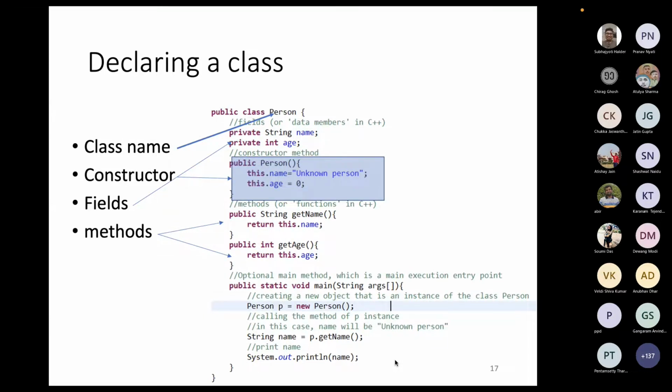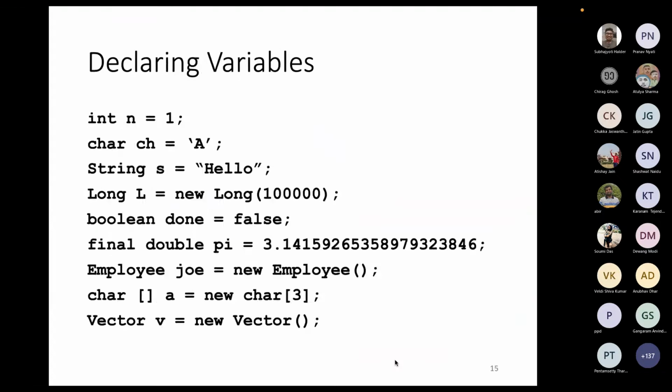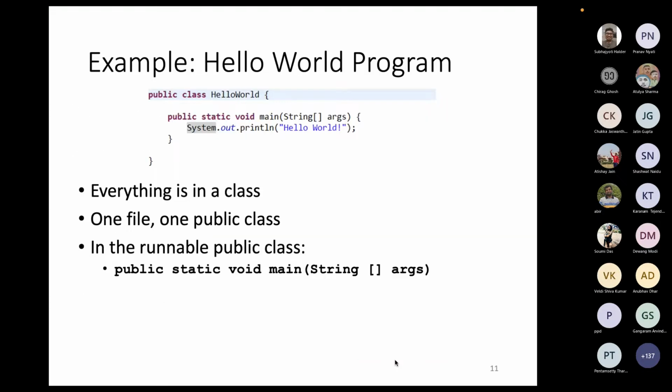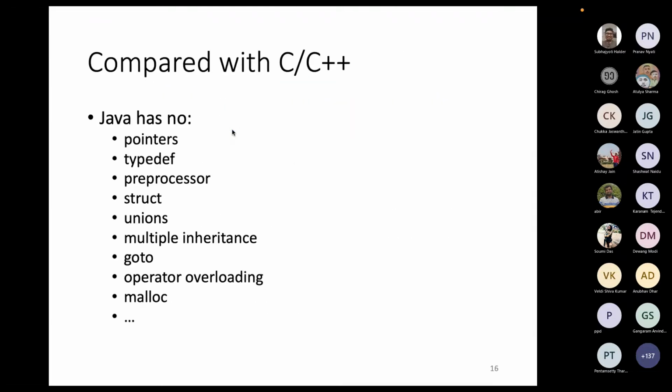Yes, the main method has to be inside some class. This is what I told here. The entire program, everything is in a class. Consider this hello world program. This main method has to be inside some class because in Java, every program is a class. So you have to understand this. So yes, it is necessary to be inside some class.